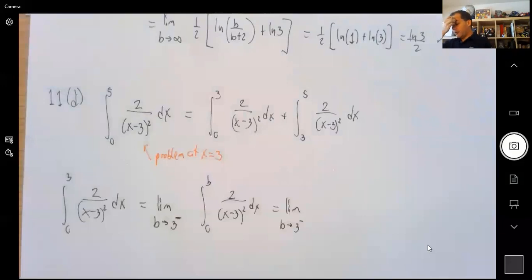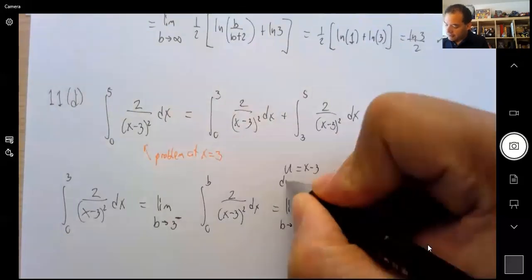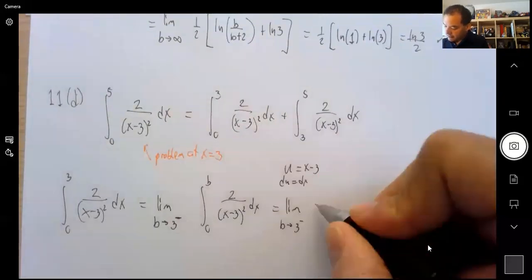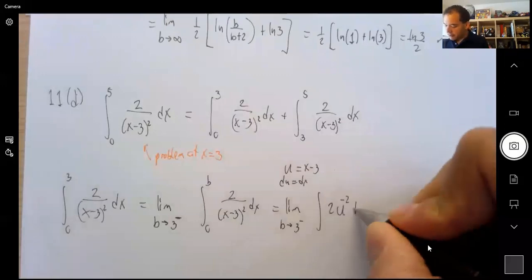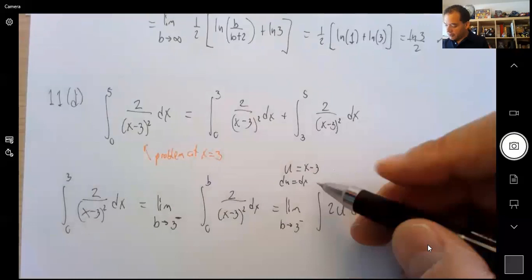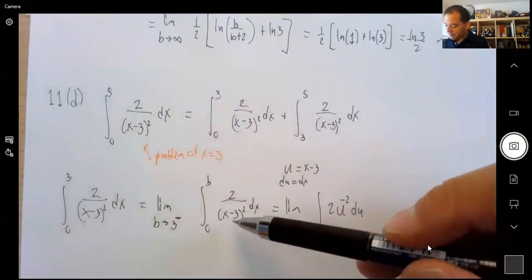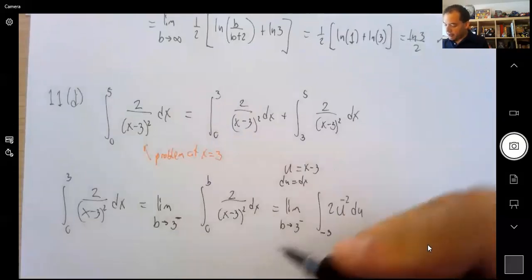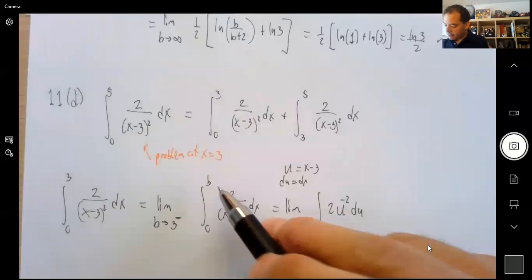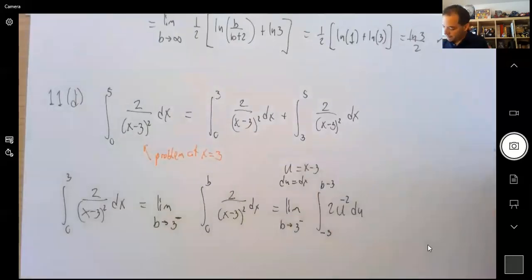And the way we do it is we do a u substitution. So we set u equals x minus 3, du is dx. So this is the integral of 2u to the negative 2 du. And now the new parameters are when x is 0, u is negative 3. And when x is b, u is b minus 3. Okay?